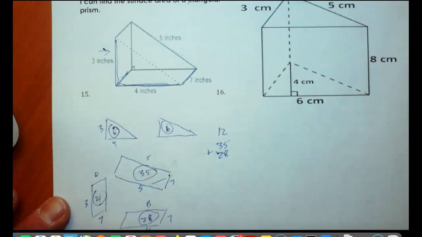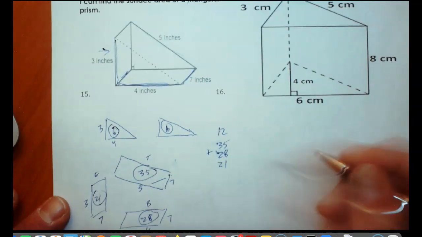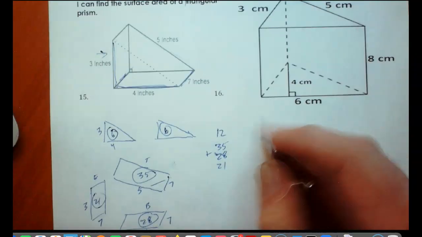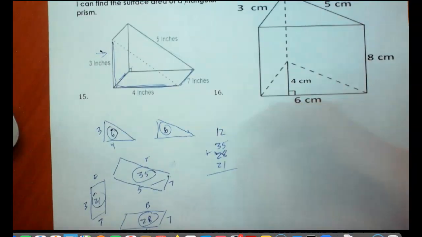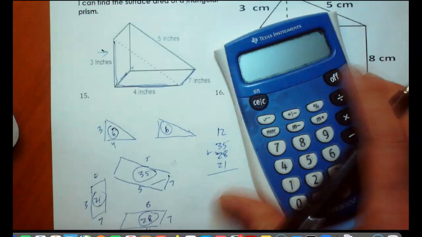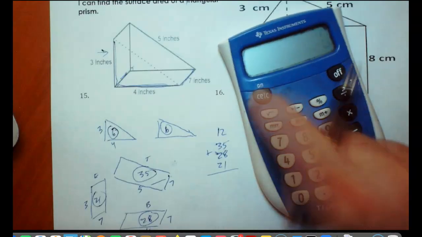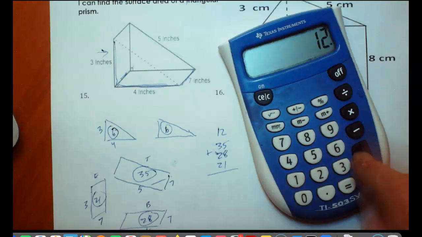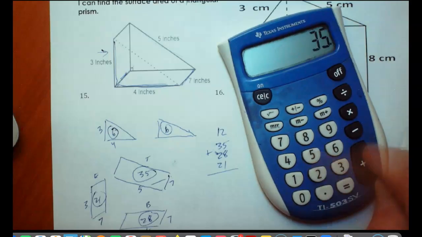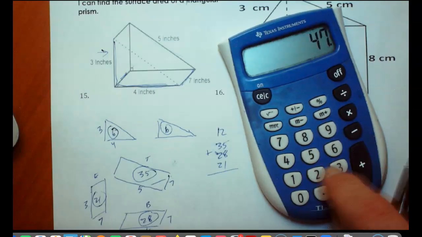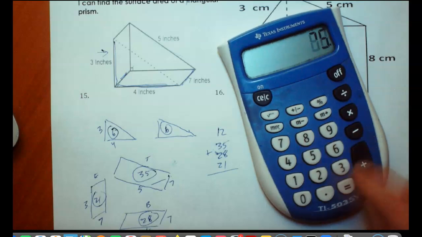So you've got 21. You got a lot of multiples of 7 there. But you can just add all these up. Just do it in a calculator. Do it real quickly here. So we've got the 2 triangles are 12, plus the rectangle that's 35, plus a rectangle that's 28, plus a rectangle that's 21.